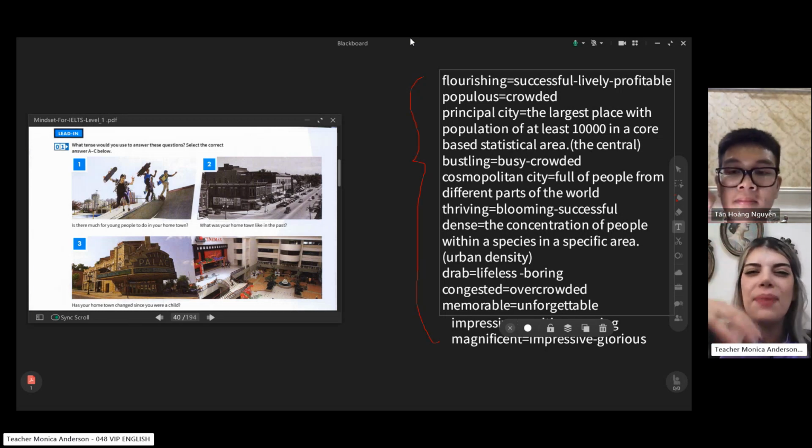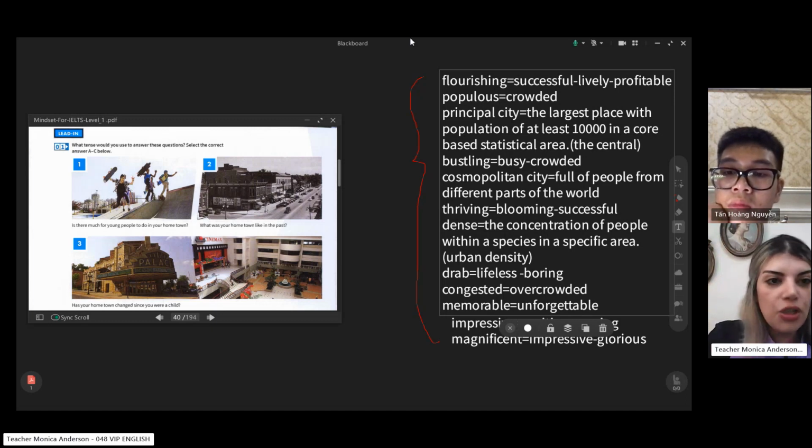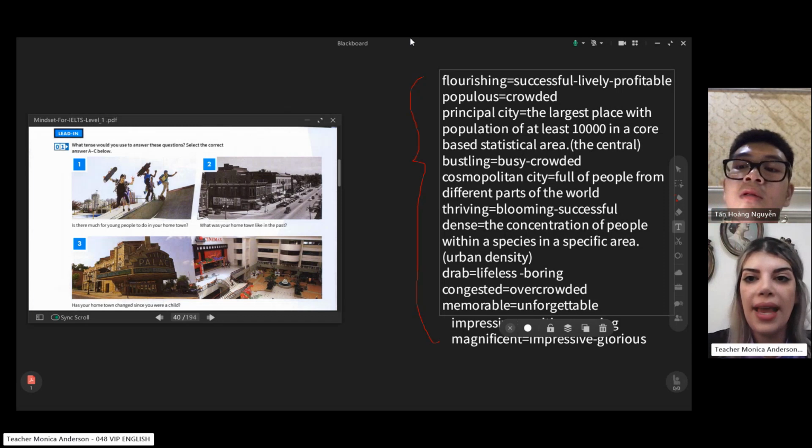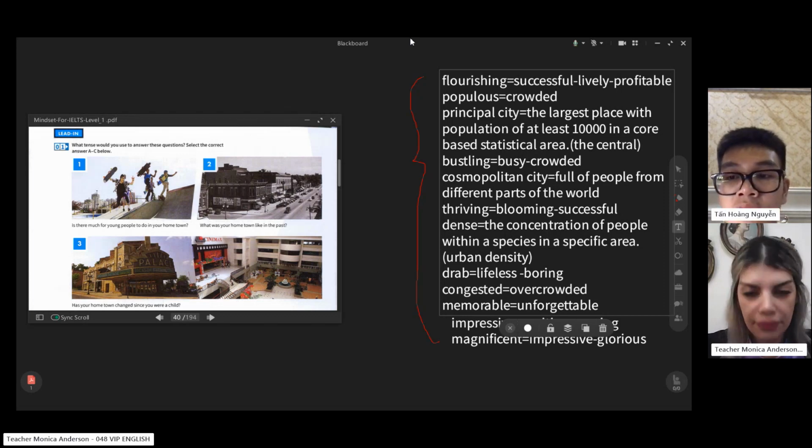Core-based means maybe the center of a city. So this is a really large city, a central area.